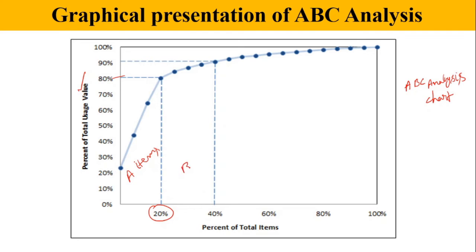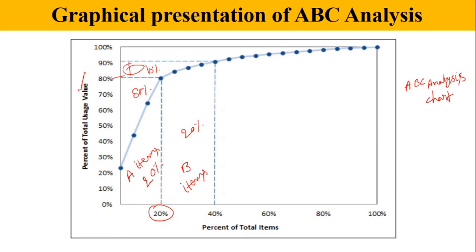So here B items are placing 20% in items but only 10% in value, that is 10% on the Y-axis and 20% on the X-axis. 80% plus 10% is going to be 90% for A and B put together.